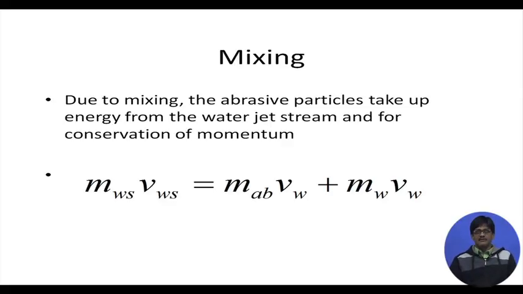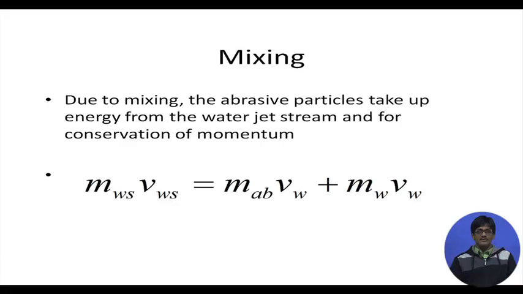So, at the end of that, when they are coming out of this control volume of mixing chamber plus focusing tube, the mass of abrasive has been accelerated to the final velocity, and the water is decelerated somewhat because it has to give up some of its energy to the abrasives and some energy is lost. So, the mass of the water with the final velocity of the water, this product, the right hand side, gives us the final total momentum.